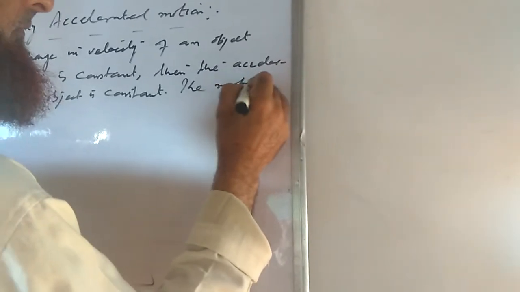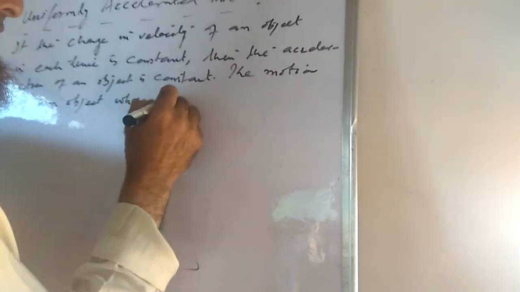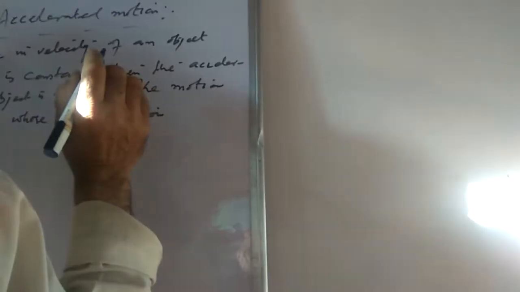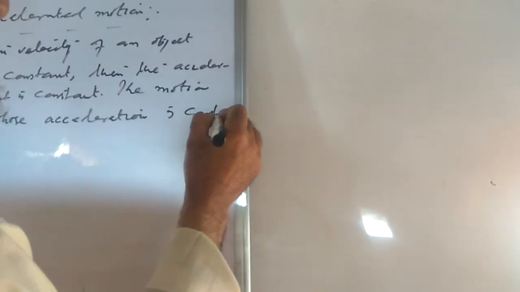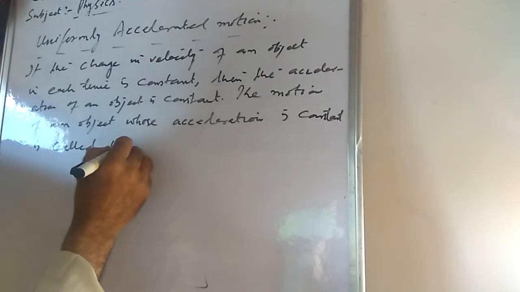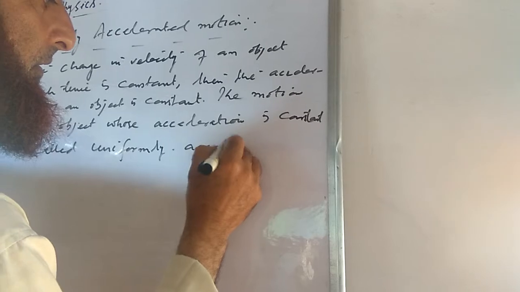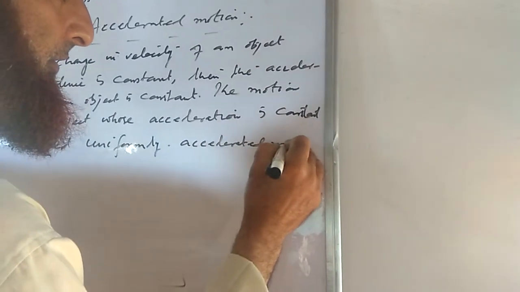The motion of an object whose acceleration is constant is called uniformly accelerated motion.